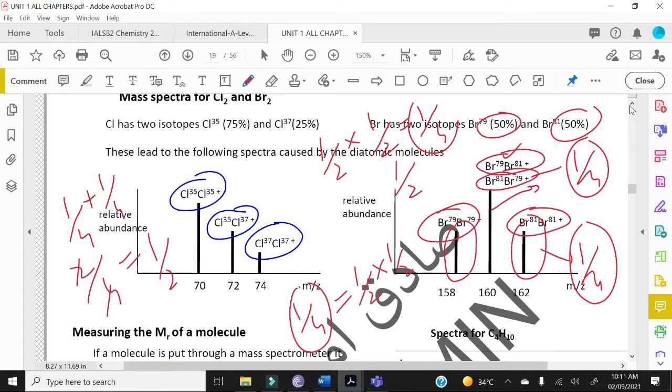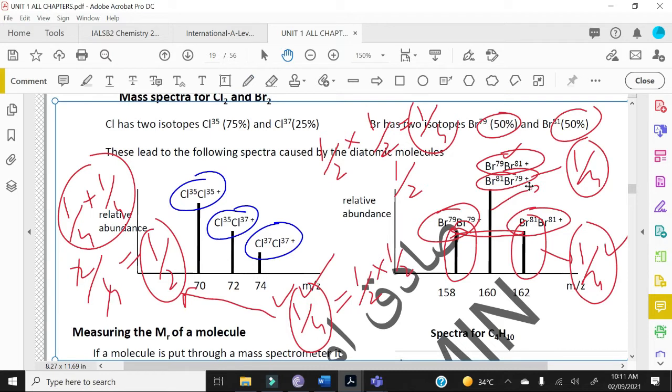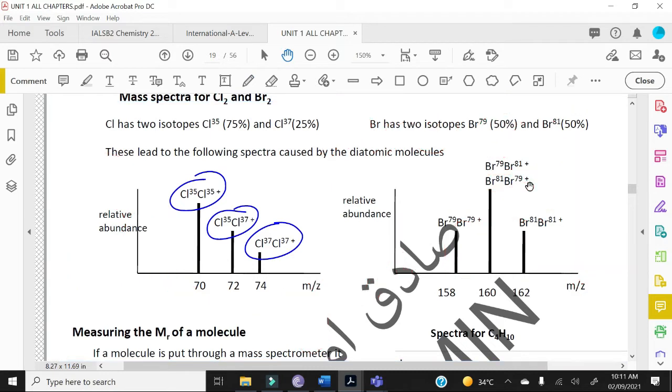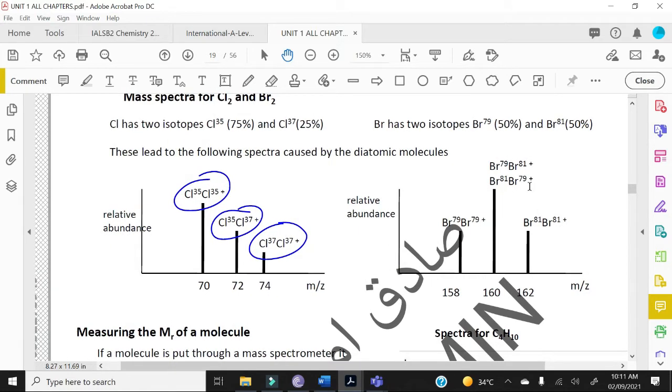So 1 by 4 is a smaller quantity and 1 by 2 is a bigger quantity. As compared to this value, 1 by 4, this is double of this because we took 2 by 4. So that's why you can see the relative height. The relative height for bromine is, for this one, 50% and 50% lower than this one.